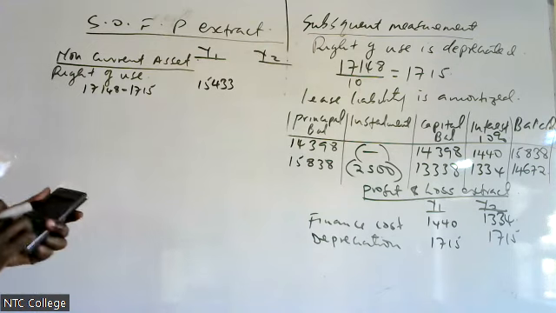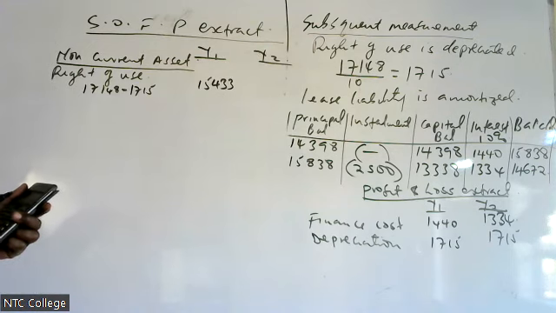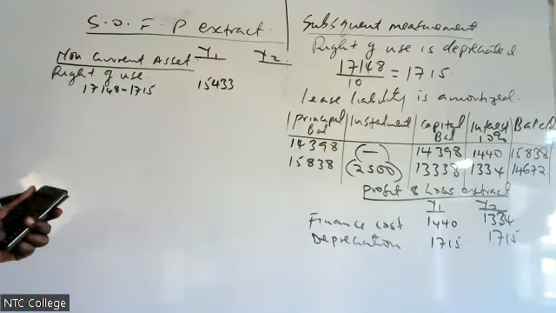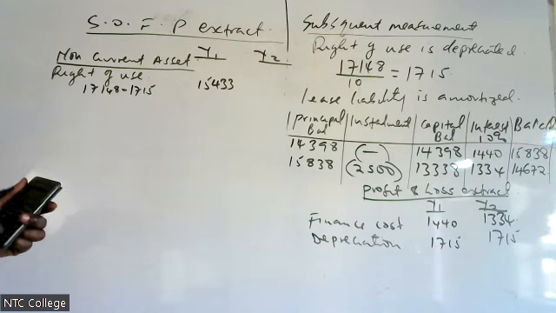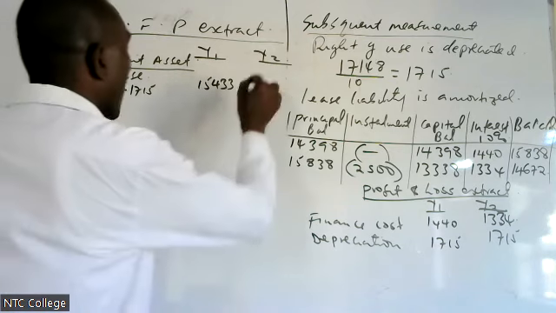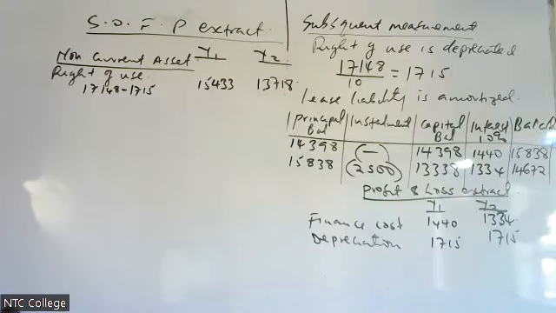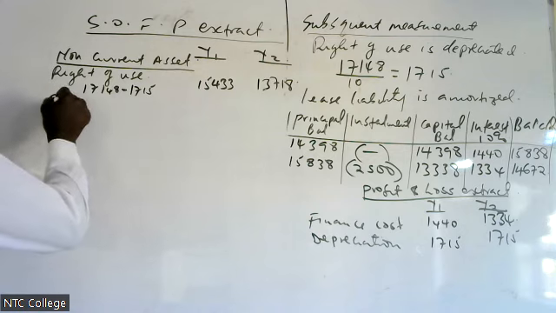In the second year, I take 15,433 minus 1715 again. I have 13,718. In the second year, that is what I have. Remember, you subtract depreciation on straight line. Each year you subtract depreciation of 1715.